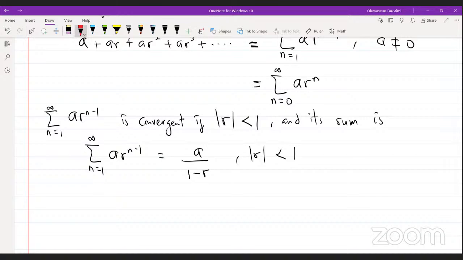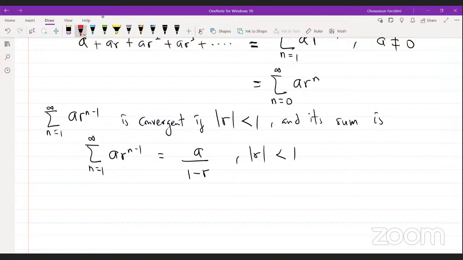My encouragement is that you make formula sheets or note cards where you have your definitions written, and note cards for the different kinds of tests and how to apply them. Because the convergence of a geometric series is based on the fact that the common ratio is less than 1.